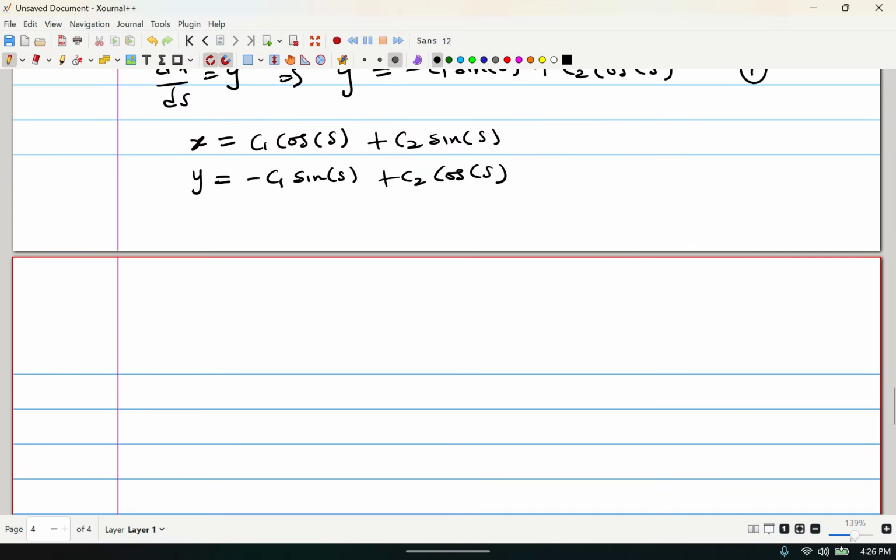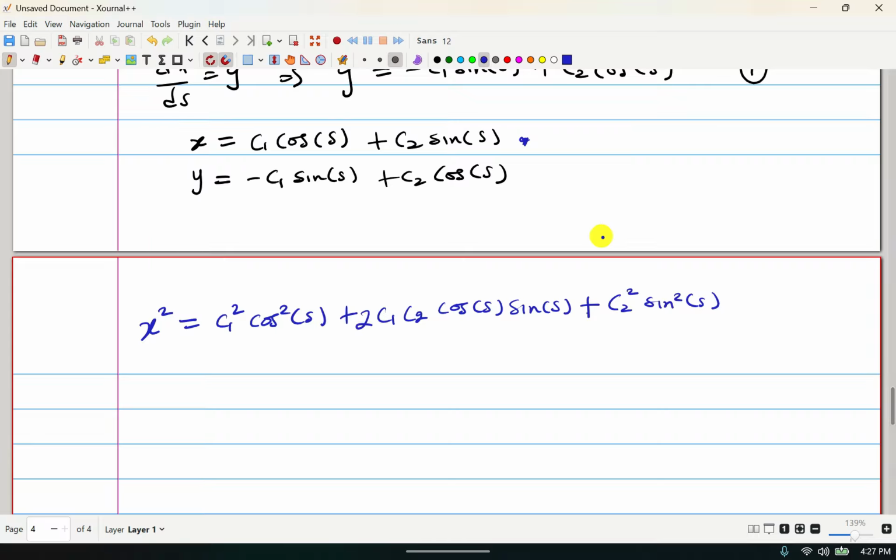So what we can do is square both sides. x squared is equal to, when you square this, c1 squared cosine squared of s plus 2 c1 c2 cosine of s sine of s plus c2 squared sine squared of s, right?